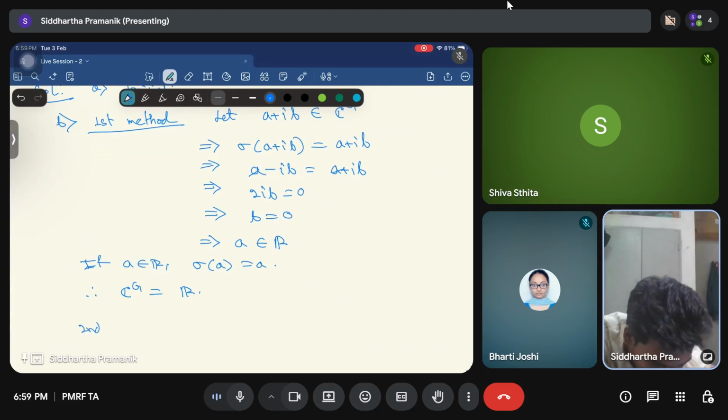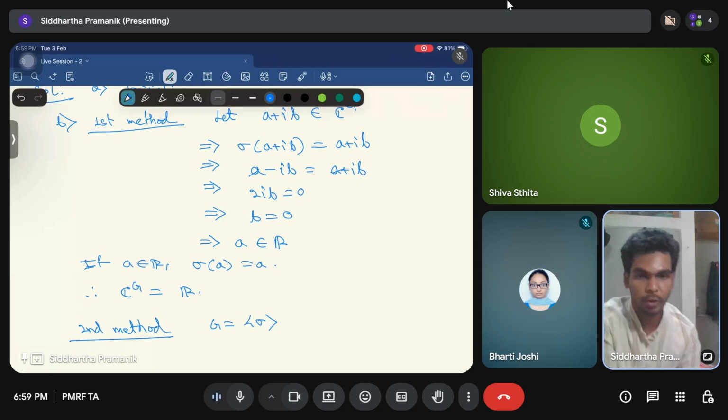But the second way is to use the results. So our G is generated by sigma. So what is the order of this group?